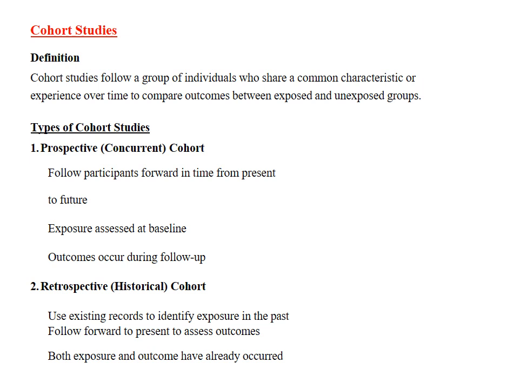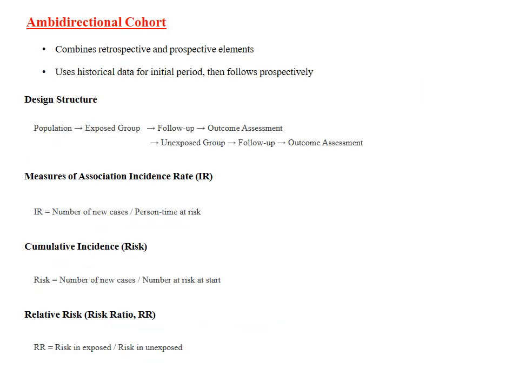In the prospective cohort, we follow concurrently, from present to future. In the retrospective cohort, we use the data from past to present. Ambidirectional cohort combines retrospective and prospective elements, uses historical data for an initial period, then follows prospectively.